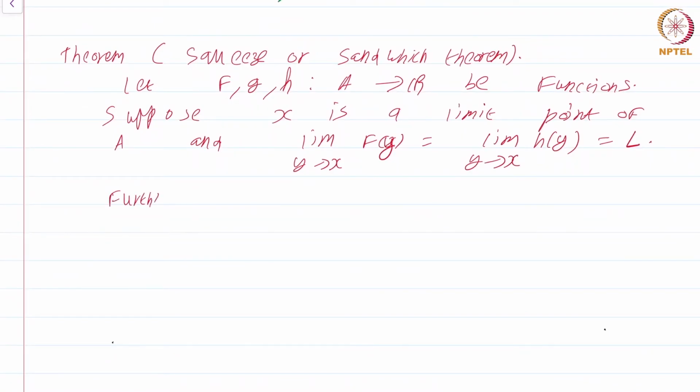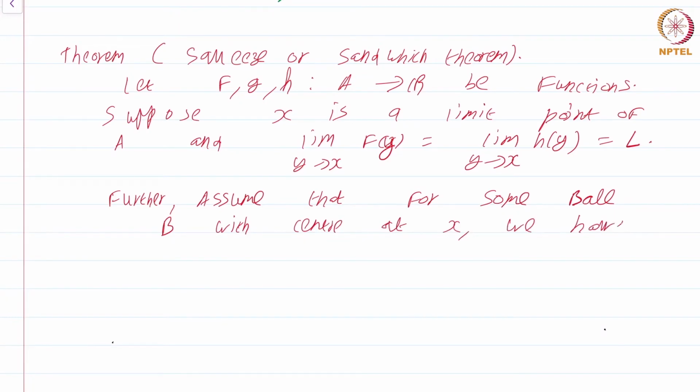Further assume that for some ball B with center at x, we have f of y is less than or equal to g of y is less than or equal to h of y for all y in B intersect A. So within the vicinity of this point x, some small vicinity, I have a relationship between f, g and h: f is less than or equal to g is less than or equal to h.